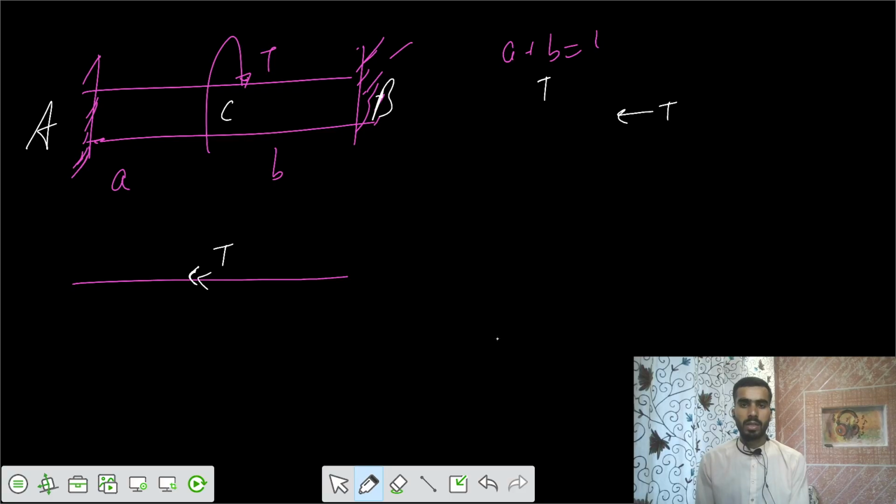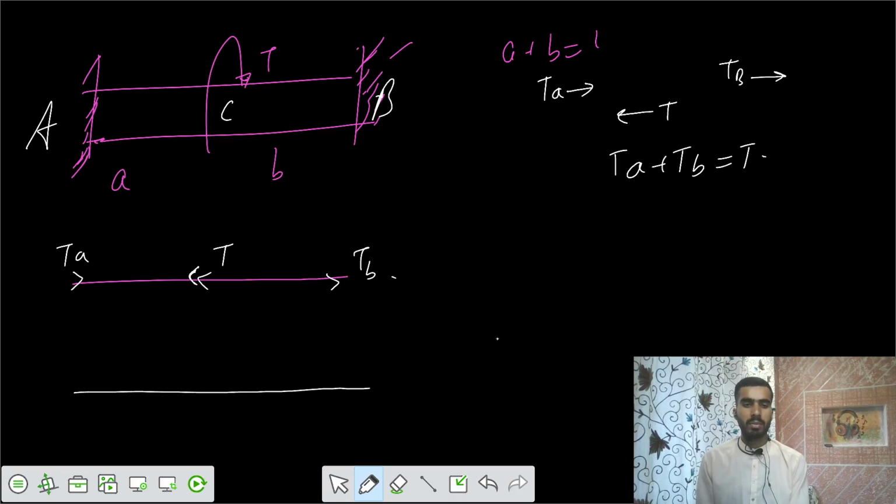So there would be some torque at A, TA, in this direction, and some torque developed at B, TB, such that TA plus TB equals T. Now, if you want to make the TMD, you go in this direction, and your arrow is also in the same direction, so your TA is positive.